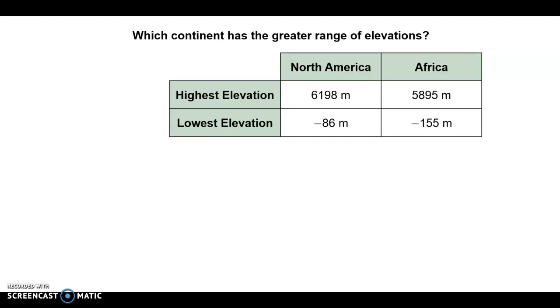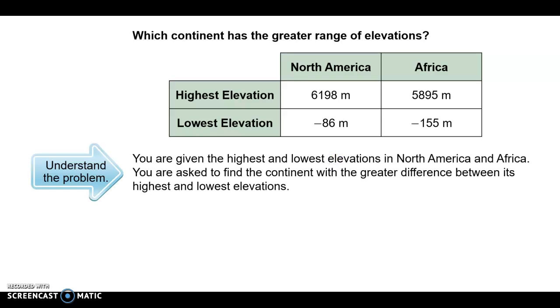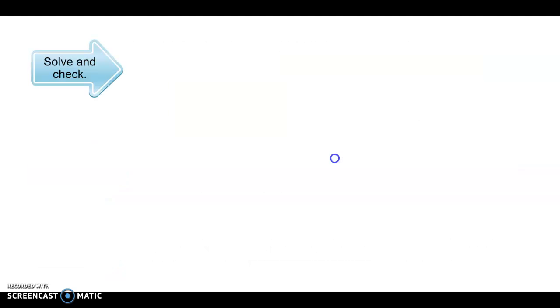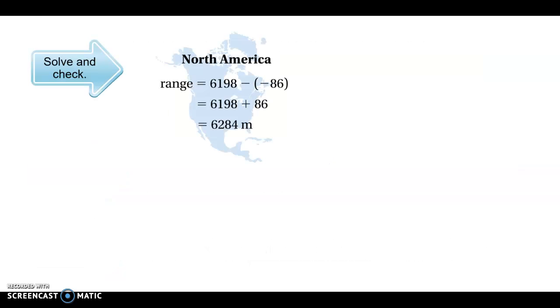All right, which continent has the greater range of elevations? So range, remember you take the biggest number minus the smallest number. So we want to find the range of them all. So the range of North America, you take the biggest minus the smallest.